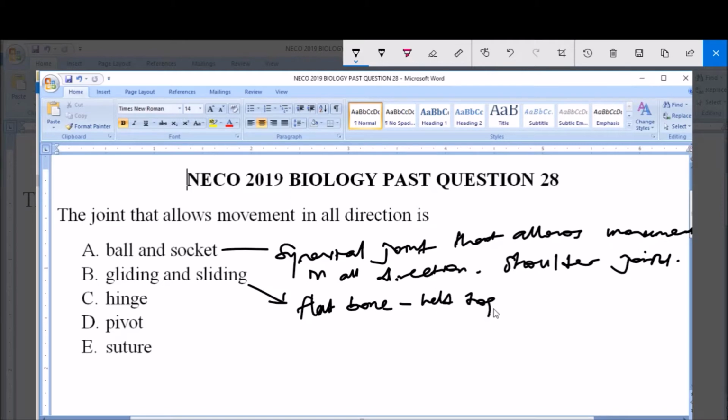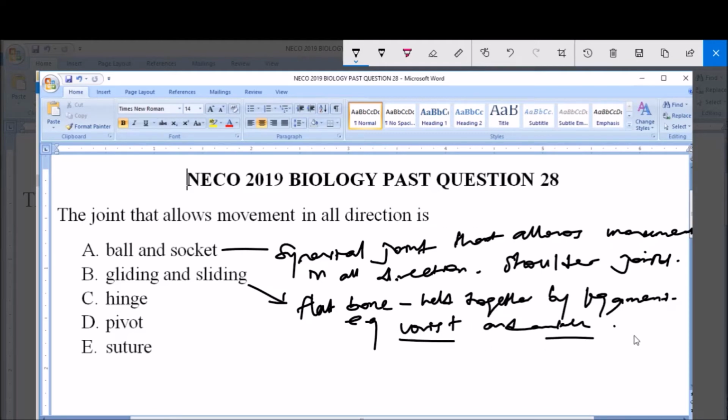An example is the wrist joint or the ankle joint. So these two flat bones, the surfaces are actually held together by what? By ligaments. So they are able to slide over each other, and that is why we call it gliding and sliding joints. You find this in the wrist and in the ankle.